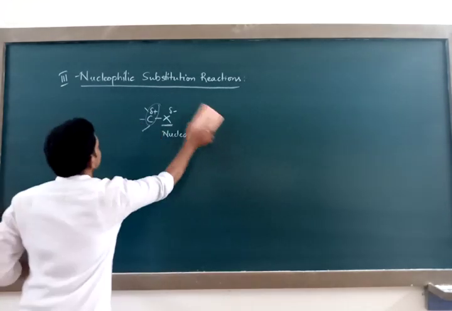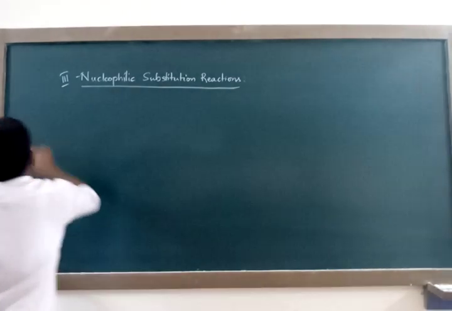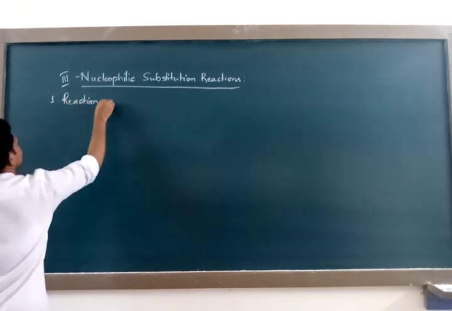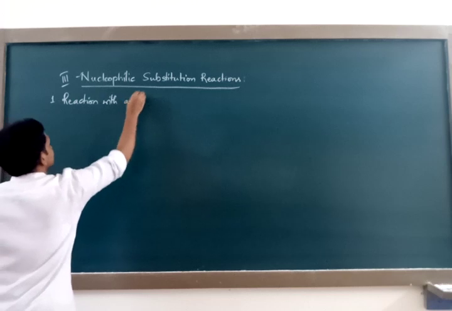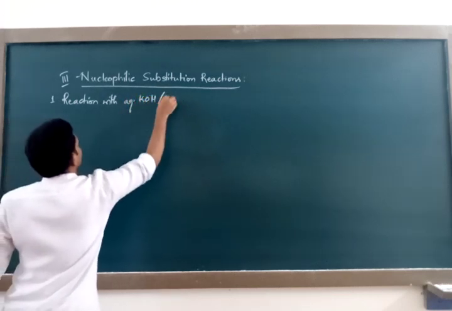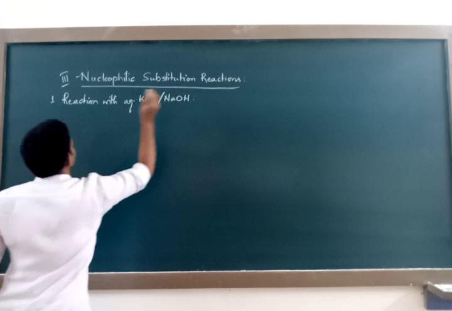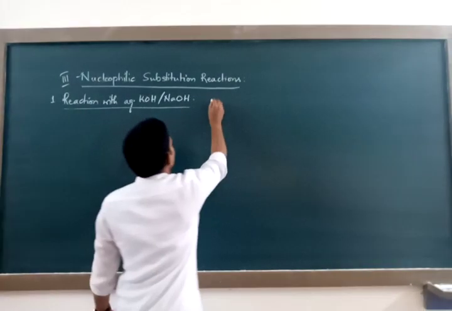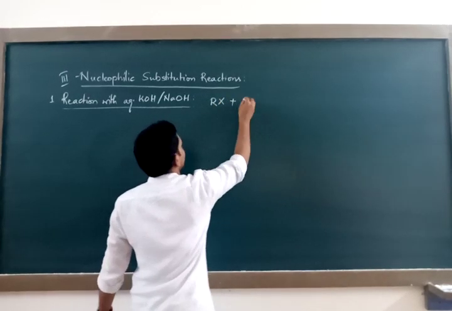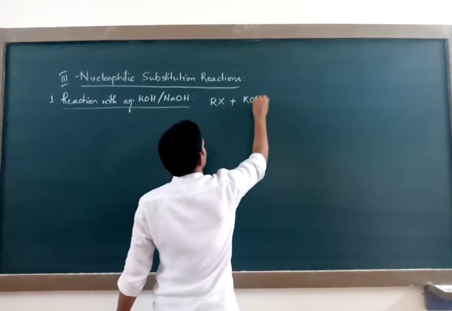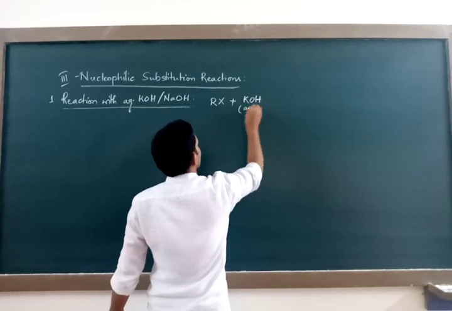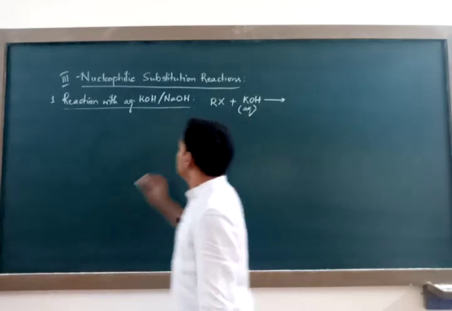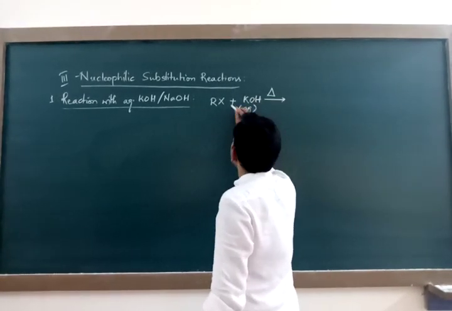So let us see. The first nucleophilic substitution reaction is the reaction with aqueous KOH or aqueous NaOH, potassium hydroxide or sodium hydroxide. If any haloalkane is reacted with aqueous KOH, then only the substitution part takes place.